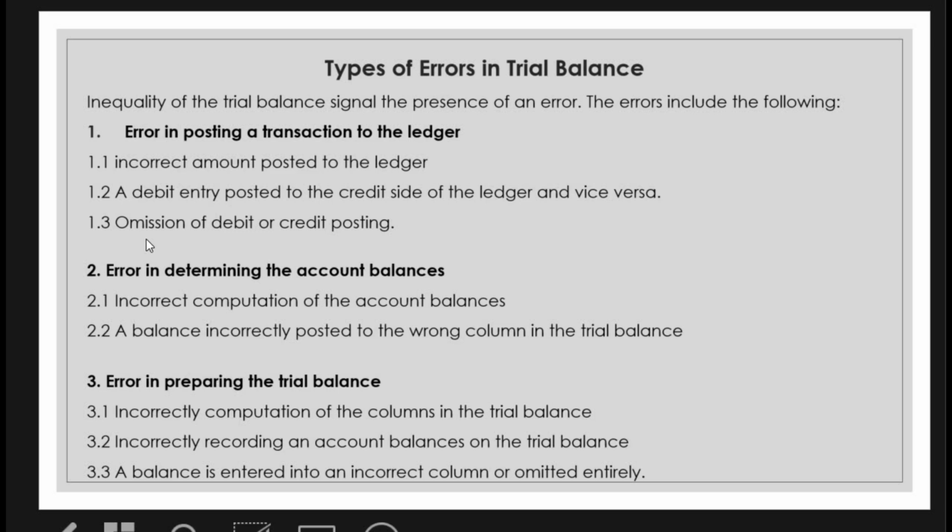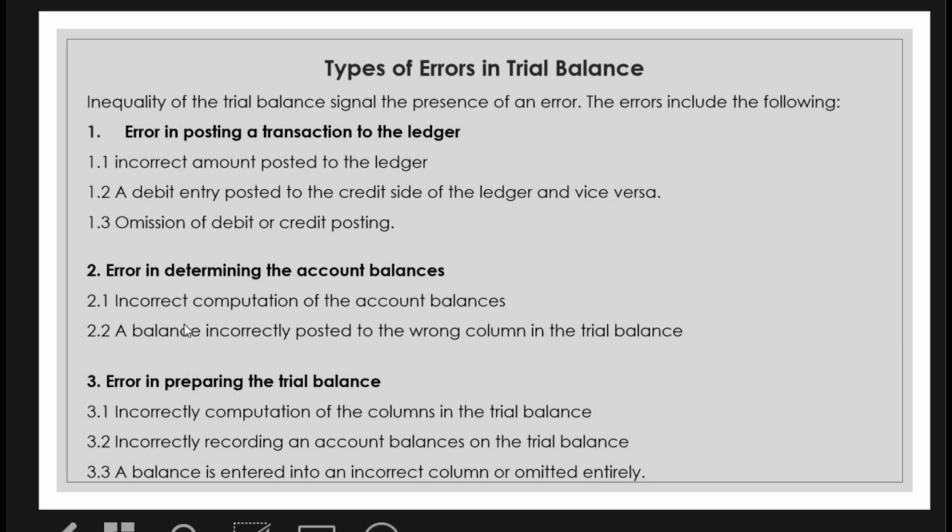Okay, next, number 2. So, there could also be error in determining the account balances. So, namali ka pag compute sa account balance. So, 2.1, there could be incorrect computation of the account balances. So, error in calculation. 2.2, a balance incorrectly posted to the wrong column in the trial balance.